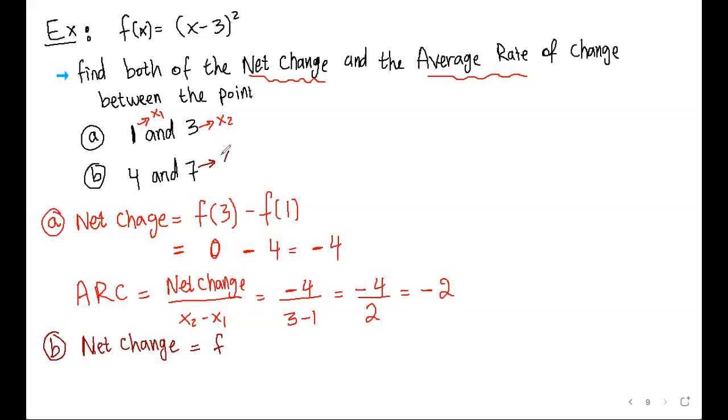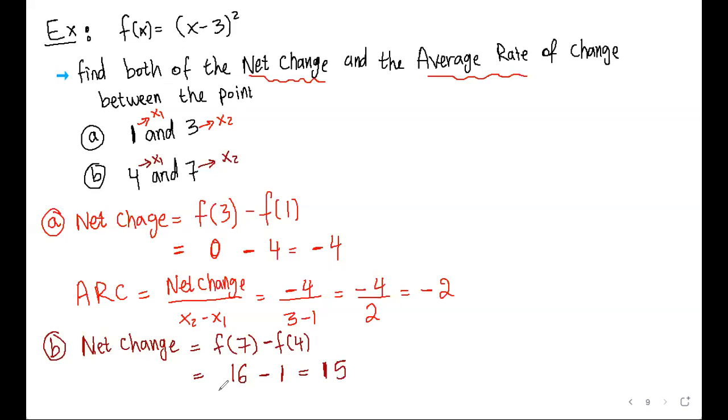Again, he used 7 as x2 and 4 as x1. So f of 7 minus f of 4. Plug the 7 inside the formula: 7 minus 3 is 4, 4 squared is 16. Minus, plug the 4 inside the formula: 4 minus 3 is 1, squared is 1. So we get 15.